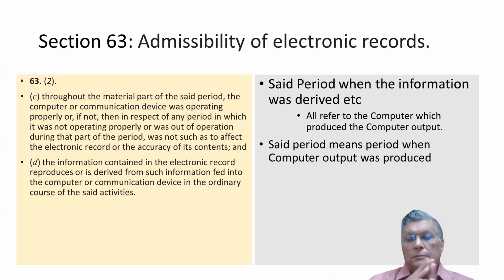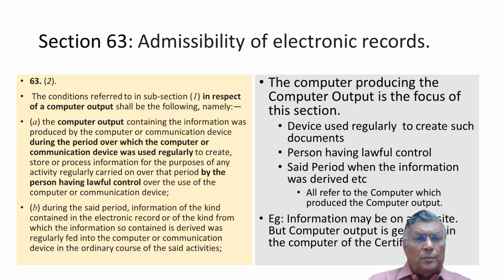Now, if you take my argument that section 63 subsection 1 talks about something called a computer output, and section 63 subsection 2 talks about the conditions when that computer output is admissible for further processes, then we are talking not of the primary document, but the one which is produced as a secondary certifiable document for the purpose of admissibility.